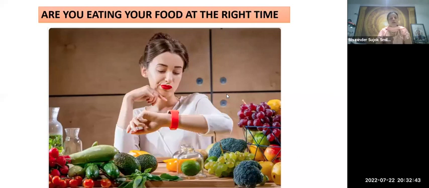Yes, we just want to run to school, we just want to go to the office, and ladies, housewives, they're all the time thinking, let me finish my housework first, and then I will eat food. No, this is a very, very wrong habit. Yes, first, you should eat your breakfast at the correct time, and your system will fall in a correct pattern. As I told you, like chewing, eating food at the correct time, this is the foundation of our digestive system.